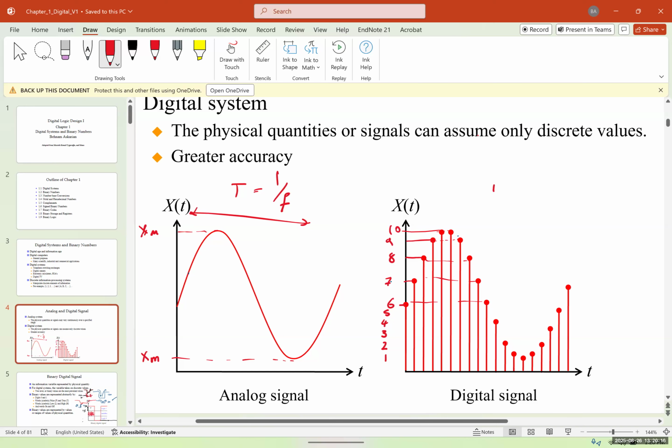So we don't have, for example, 1.5 volt here, or the value of 1.6. But in the left one, we have 1.5 and 1.6. So which one has more information? The one on the left, okay?